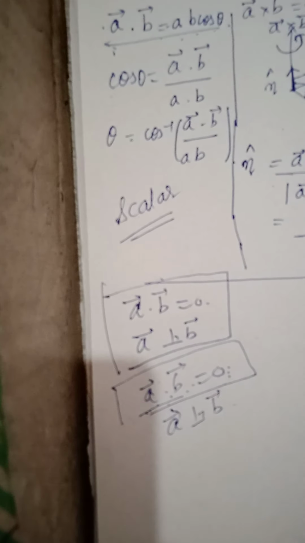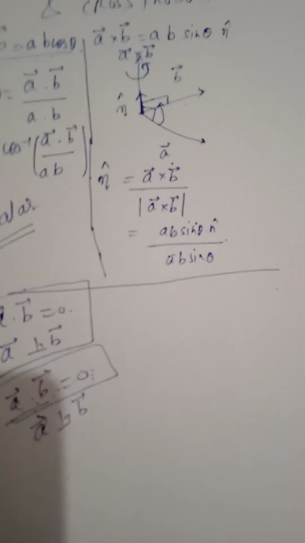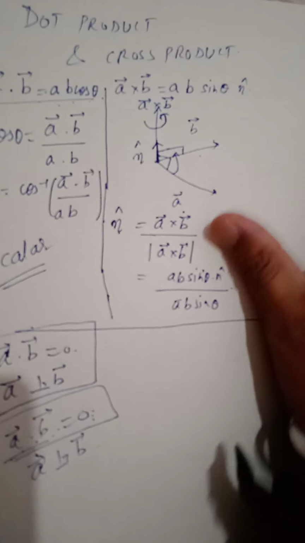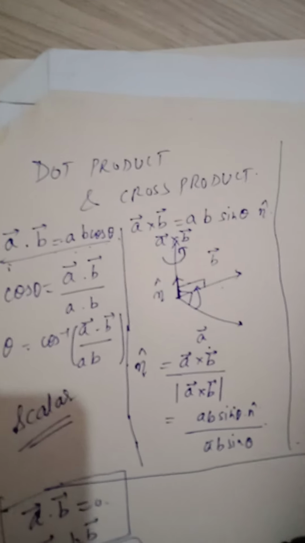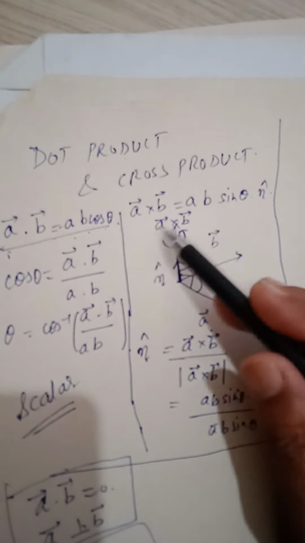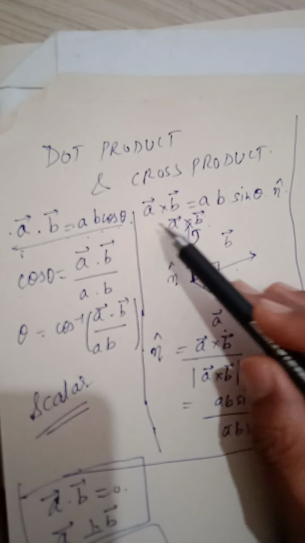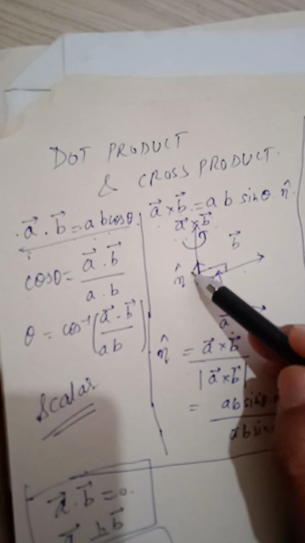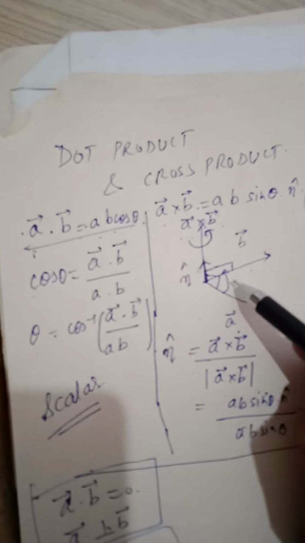Please understand this concept. In the same way, if you consider cross product, how to incorporate dot product in cross product, the combined statements: cross product of A and B is perpendicular to the individual vectors because A cross B comes out of the plane of the paper, as we have seen in the discussion.